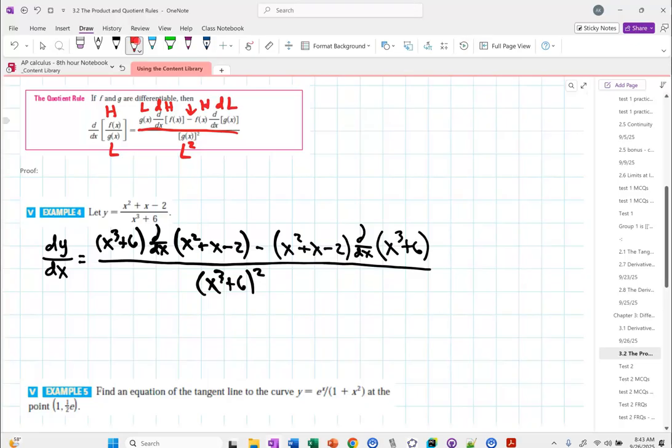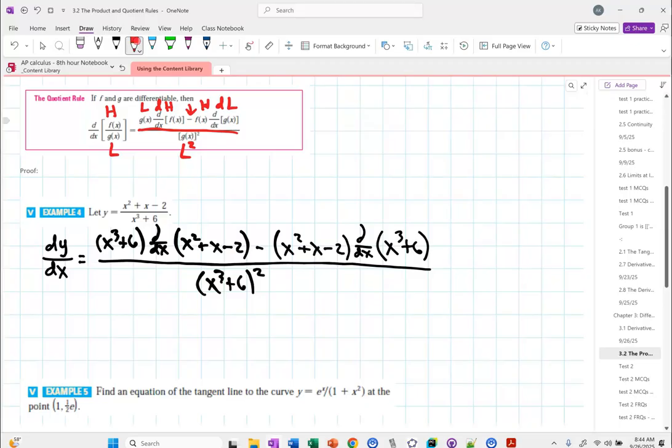Goodness gracious, thank you. You see me doing something wrong, stop me before we get too far, making a mess out of this thing. Low times d high minus high times d low, all over low squared. Thank you, Lucas. That's probably why you're all looking at me so like, what? Yes, thank you. About screwing stuff up. Good catch.